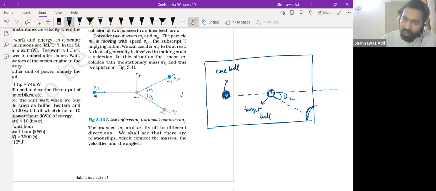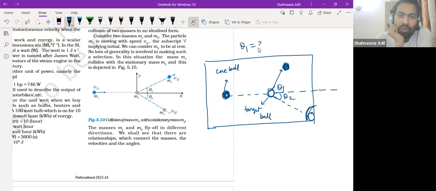The cue ball is not going in the pocket because that would be a foul. So let's say this is theta. The question is, what is the value of theta?